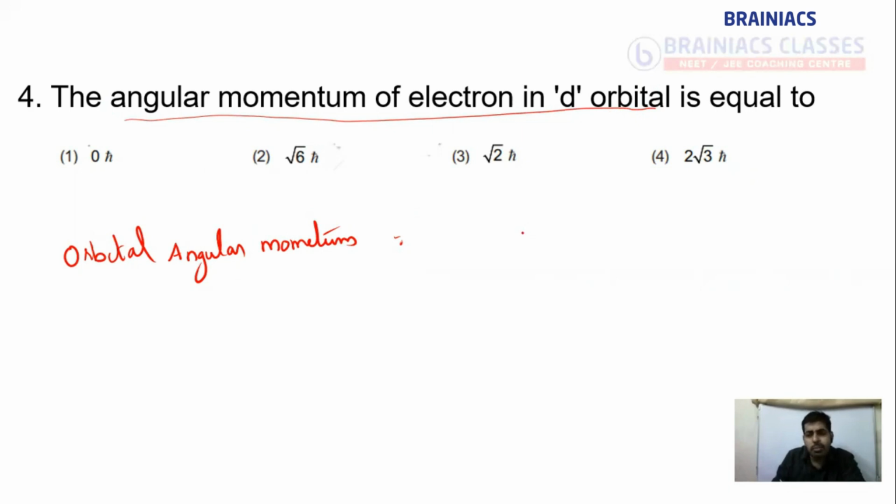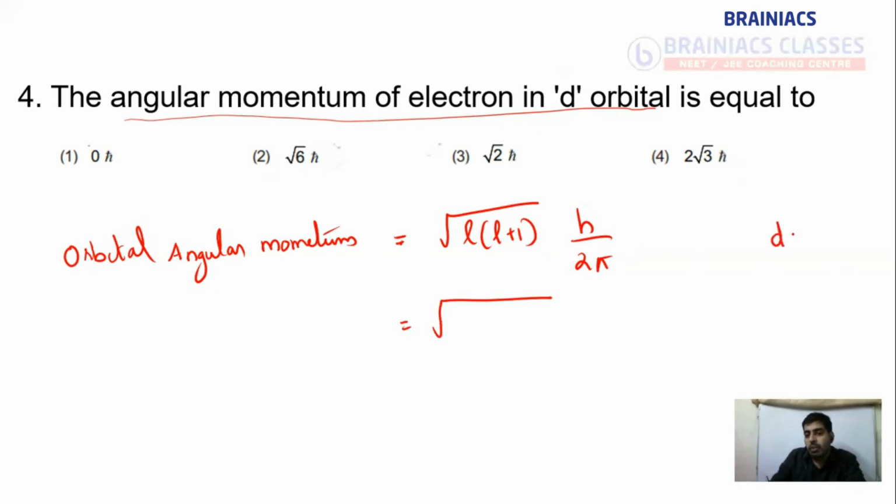Orbital angular momentum is equal to root of L into L plus 1, into h by 2 pi.